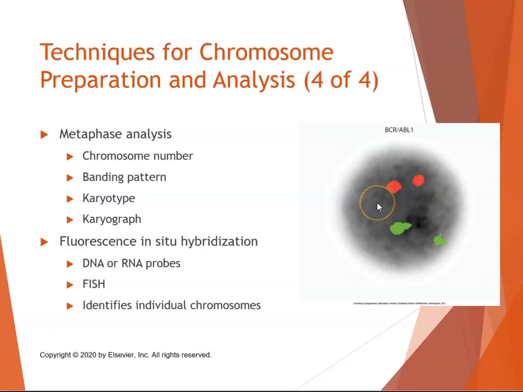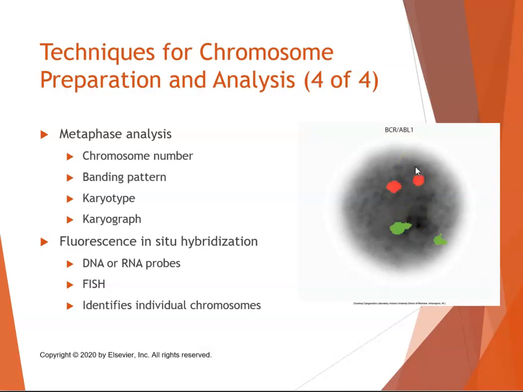If we have a piece of DNA that has been attached with a fluorescent label, and they have the genetic abnormality that matches that probe, it will then fluoresce. Here it's showing a red pair and a green pair. This is called BCR-ABL. It's a 9 and 22 chromosome we're looking at. We'll talk about that one later, but this is just an example.